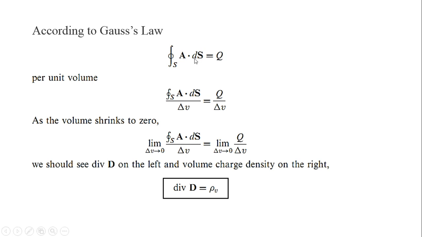Now if we divide both sides of this equation by unit volume, the equation will become this, and as the volume shrinks to zero, the closed surface integral of any vector field A per unit volume is the definition of divergence, whereas the charge per unit volume as the volume shrinks to zero is the volume charge density.